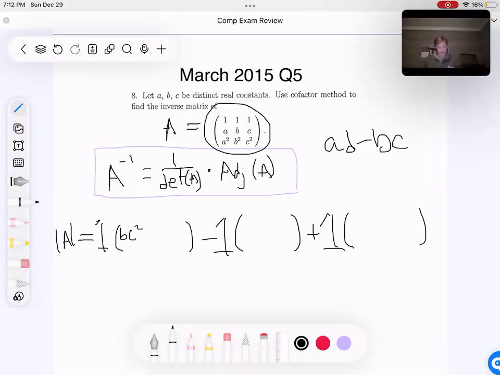So BC squared minus B squared C. And then the next one, we're going to do AC squared minus A squared C. And then the last one is going to be AB squared minus A squared B.